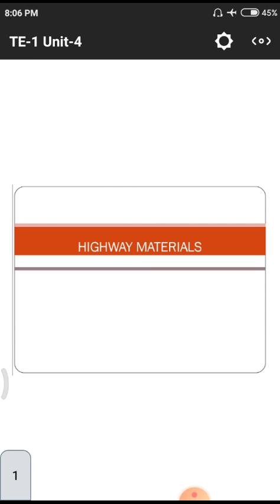In the third chapter, we discussed traffic engineering. That means once the development and alignments are there, we need to focus on how traffic is moving on the roads, what problems the traffic is facing, and how we need to rectify those problems by different engineering principles.